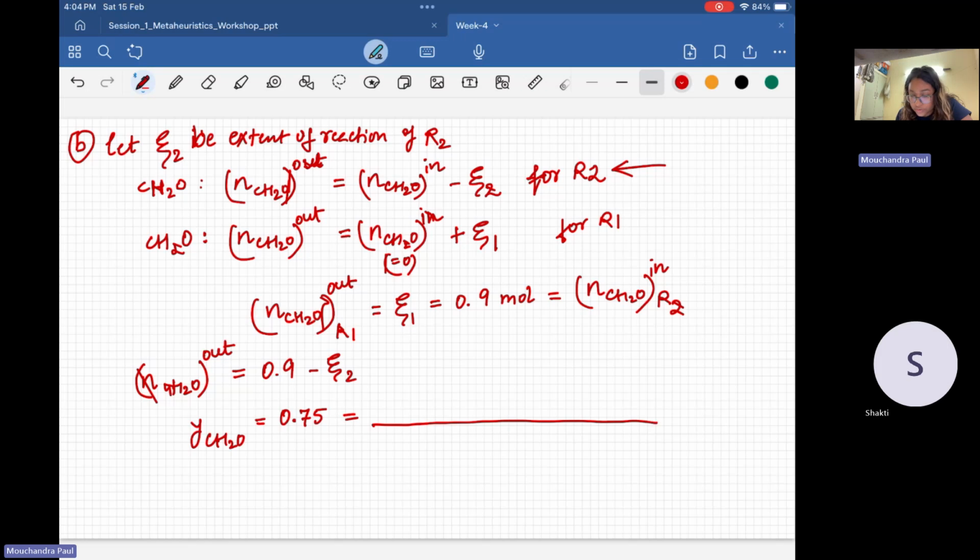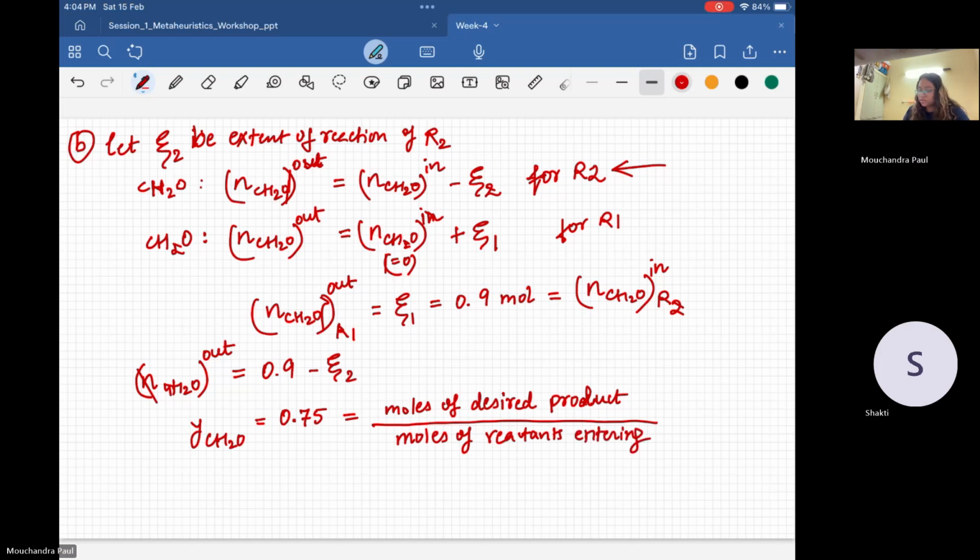It is a ratio of moles of desired product to moles of reactants entering the feed. So the desired product is your formaldehyde, and we already know how much from this expression for R1.